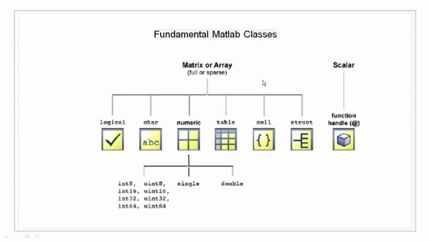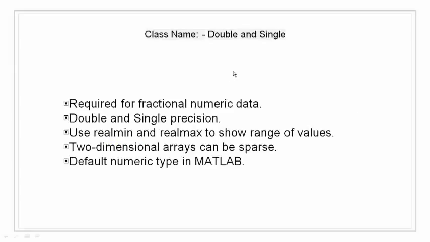So let us look in a little more detail at each of the classes. Let us start with the default numeric class in MATLAB, the single and double class. These classes come under the numeric class of MATLAB. They are required for fractional numeric data.